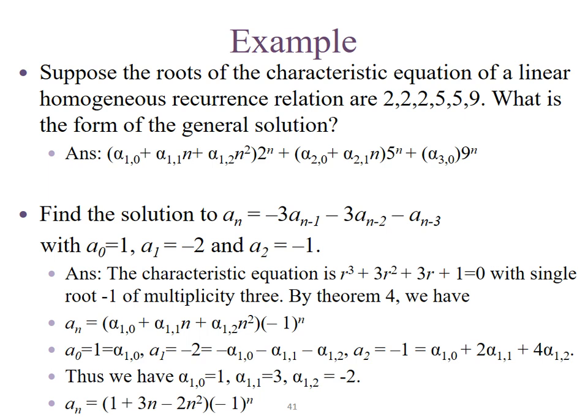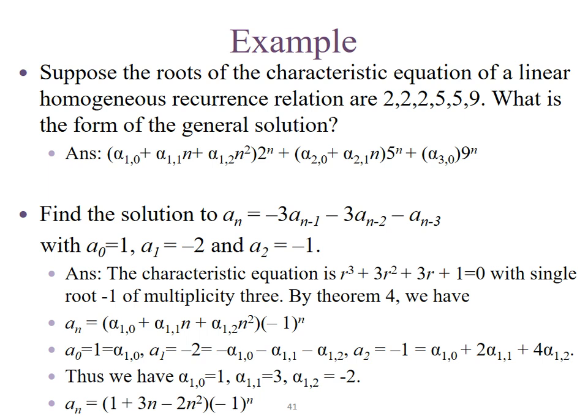So our characteristic equation will be r to the power of 3 plus 3 times r squared plus 3r plus 1. And we know we have the single root minus 1 in this equation, and the multiplicity is 3.